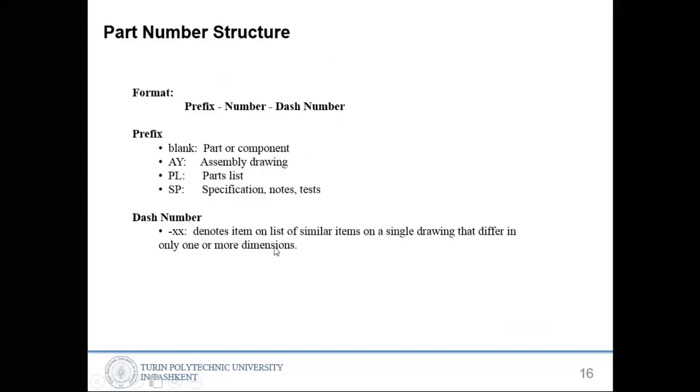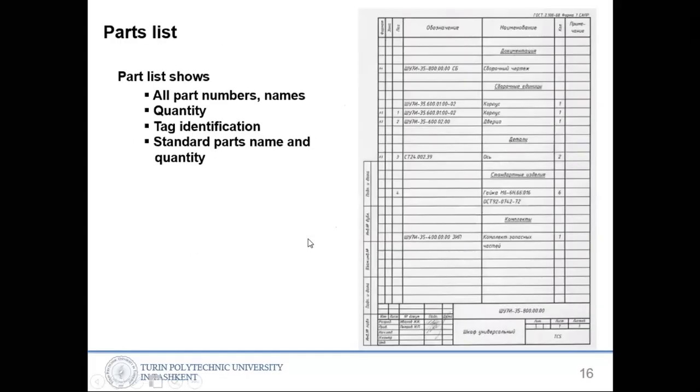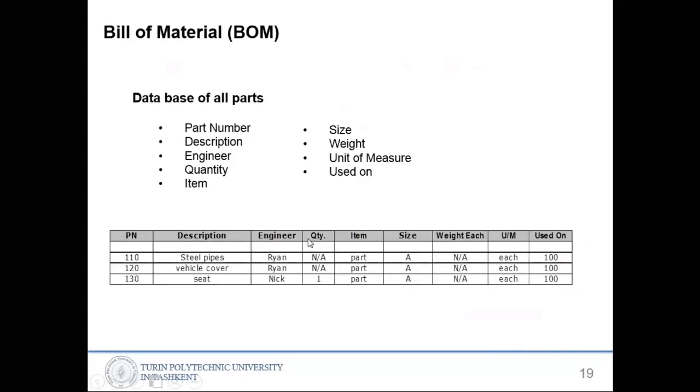The smaller numbers are the smaller inner components. The bill of materials has a part number and description. Part number 110 is steel pipes. And who is working with that one? Who did this?